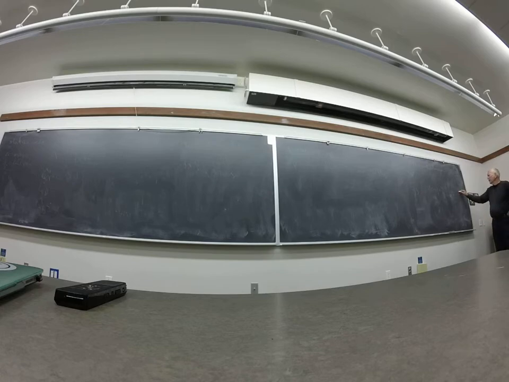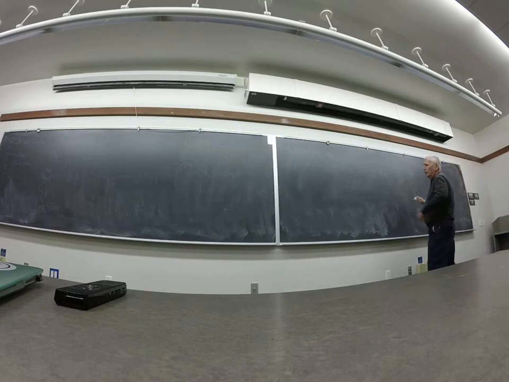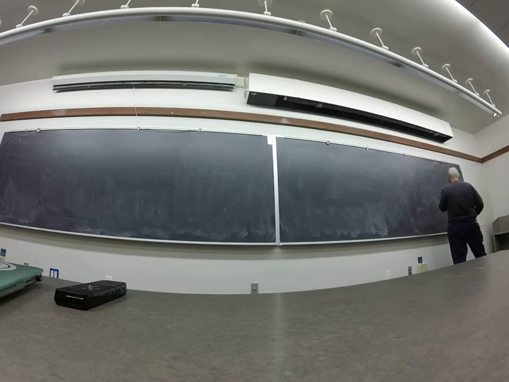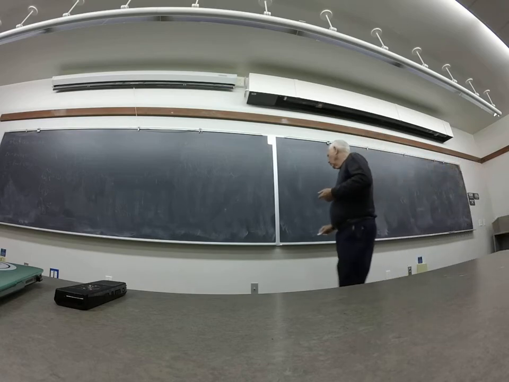So I've got 2C variables around the column, and I've got C equations. But I'm going to add to these C equations two product specifications. So I've got C plus 2 equations, the C material balances and the two product specifications, and I've got 2C variables.